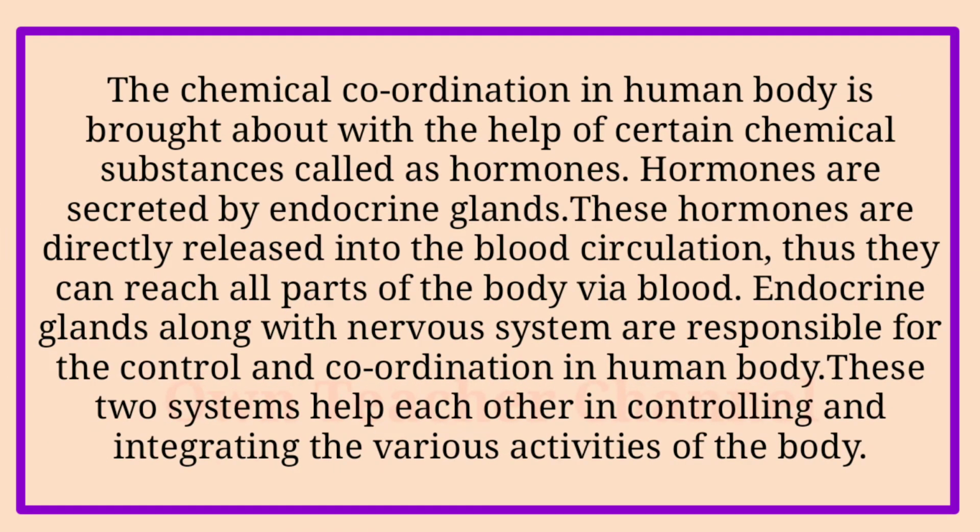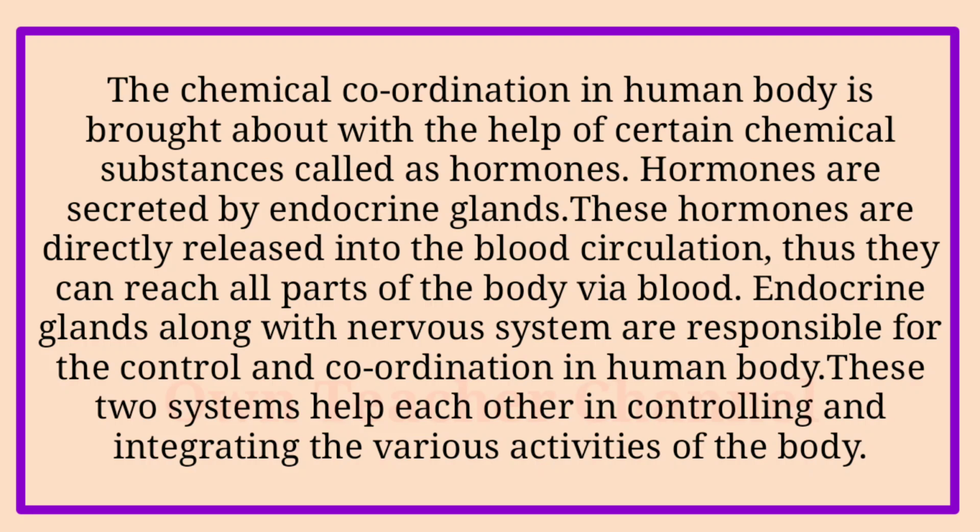The chemical coordination in the human body is brought about with the help of certain chemical substances called hormones. Hormones are secreted by endocrine glands. These hormones are directly released into the blood circulation. Thus, they can reach all parts of the body via blood.